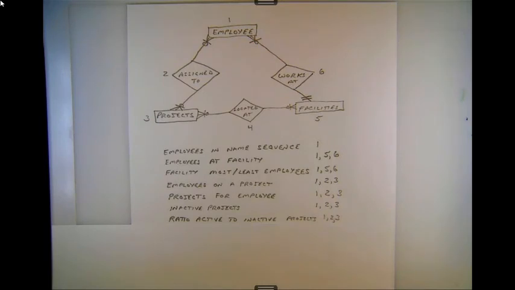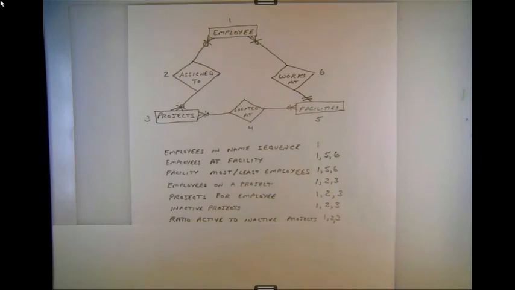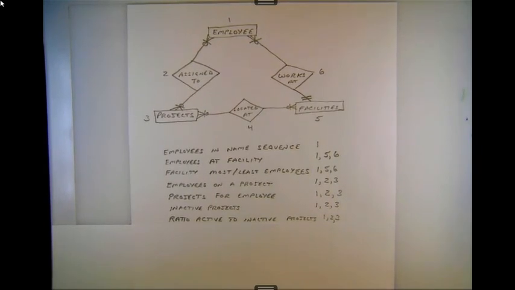Right? So those were the 7 things that we were asked to accomplish. So we have mapped them to what we had in the complete. Okay. So if I come down, my complete is 1, 2, 3, 4, 5, 6. It's everything.